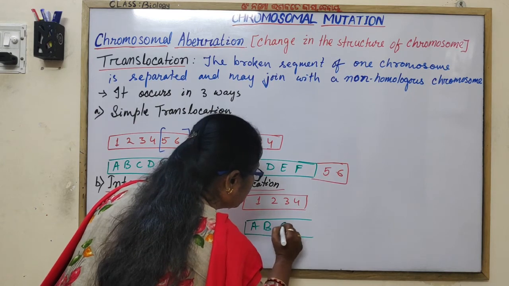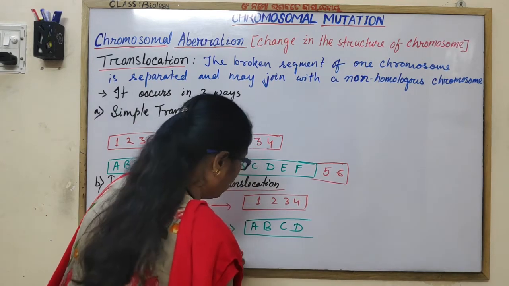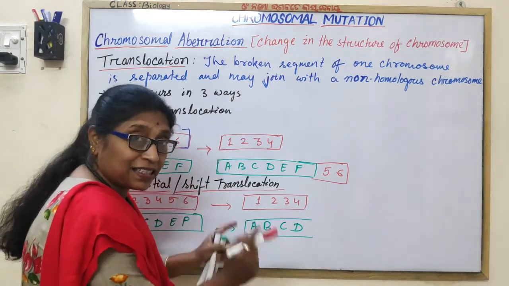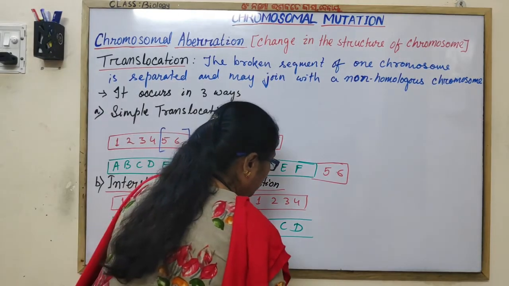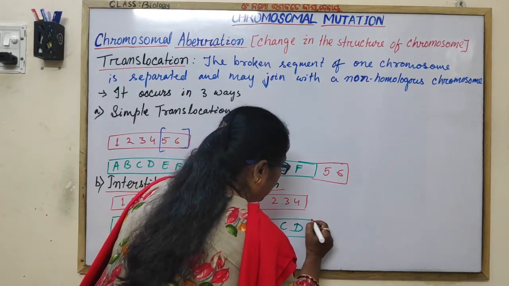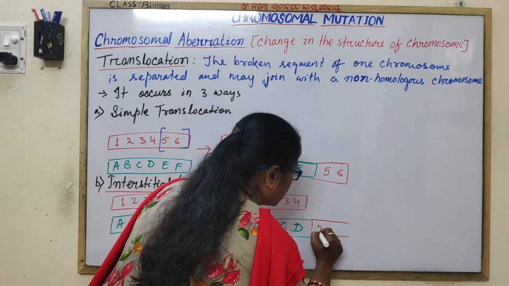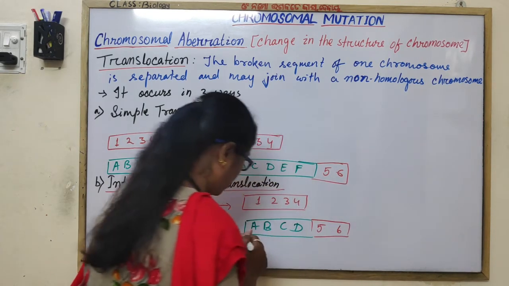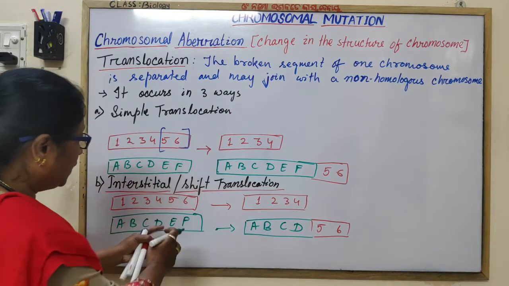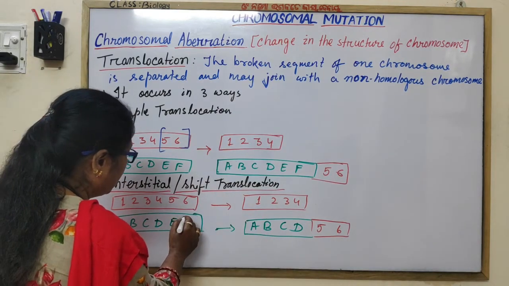A, B, C, D, then in the interstitial position, in between, in the middle, 5, 6, and again EF is shifted.